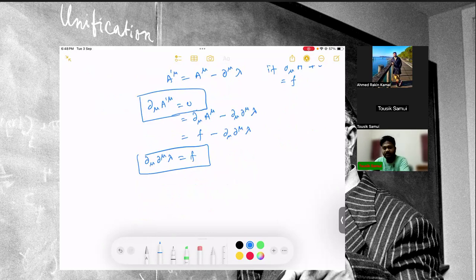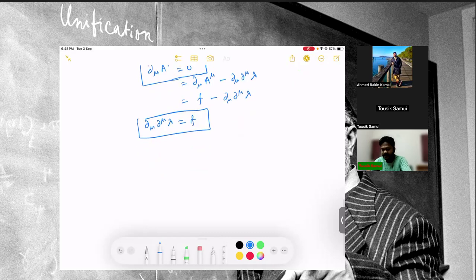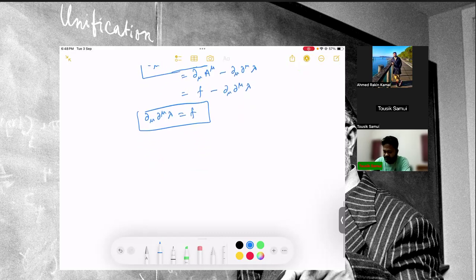So we can always choose the Lorentz gauge. But just notice that in the Lorentz gauge, since del mu a mu equals 0, it already has some Lorentz covariance manifested.